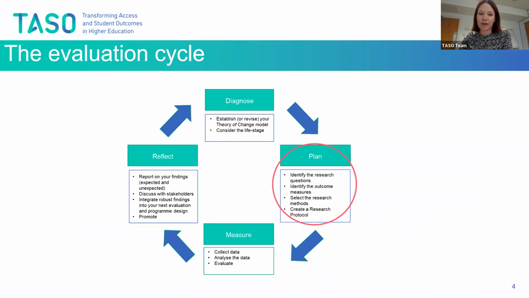So we start with diagnose and development of a theory of change. We move on to plan, where we think through our research questions and the methodologies that we're using. We then think about how to measure those questions, so collect data and the type of analysis that we use. And then, of course, in the final phase, the reflection and dissemination of our findings.